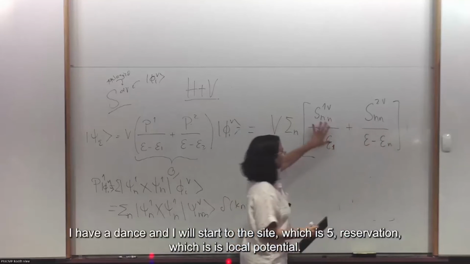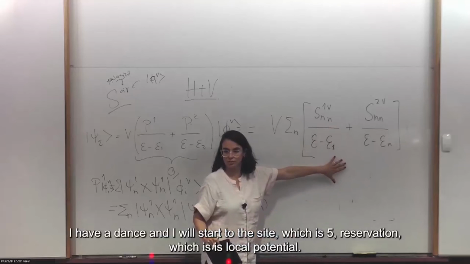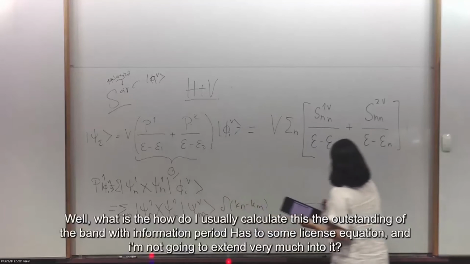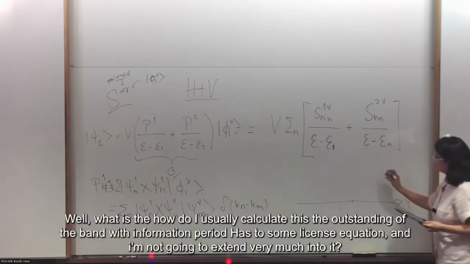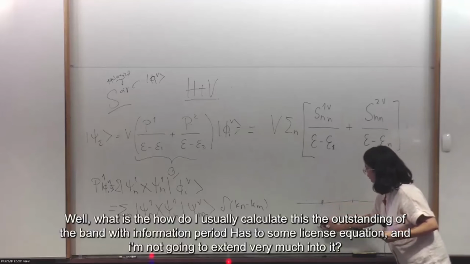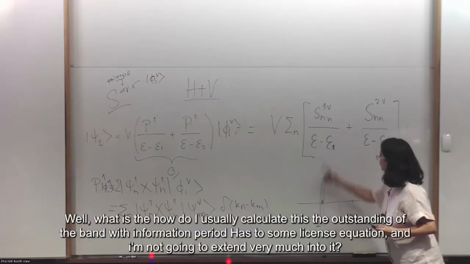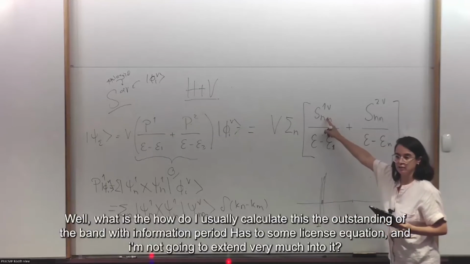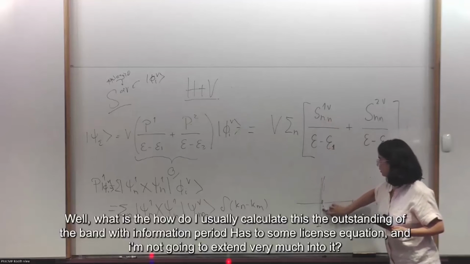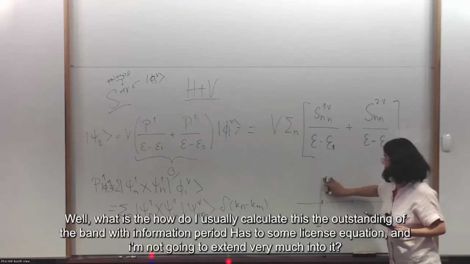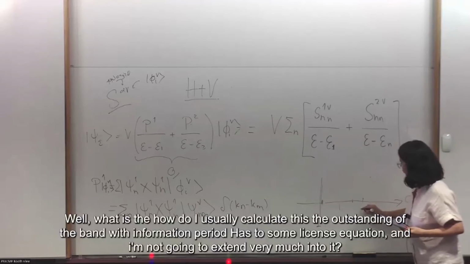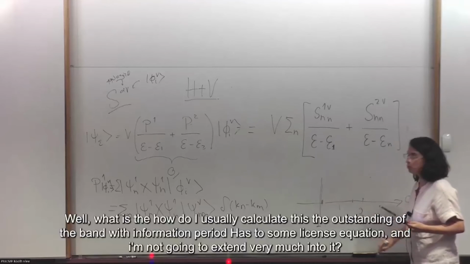So I'll draw this function for you in energy. I have the first band here. I have a bunch of poles labeled by n. One of them is going to be missing. At least one of them is going to be missing. And it's going to be staying here on band 2.